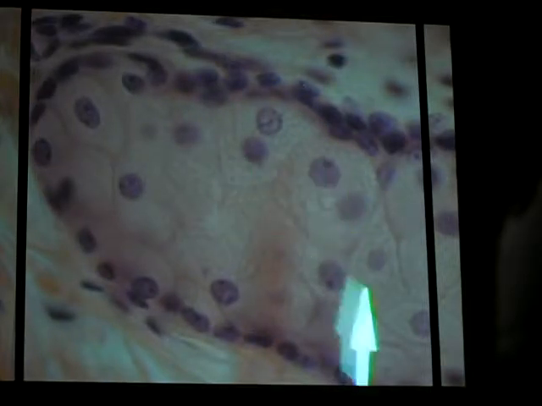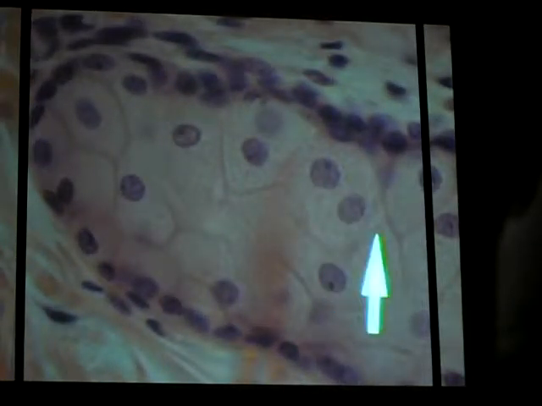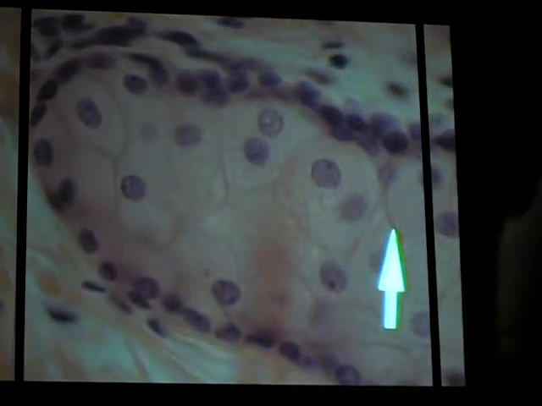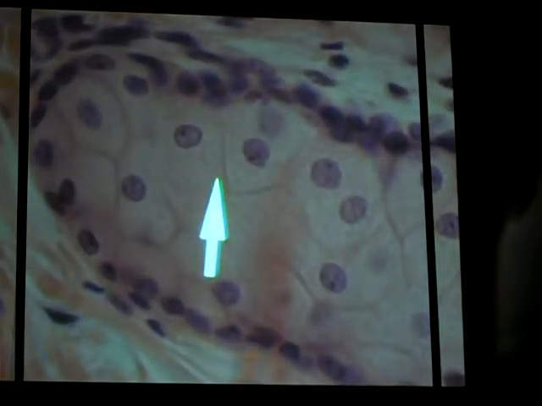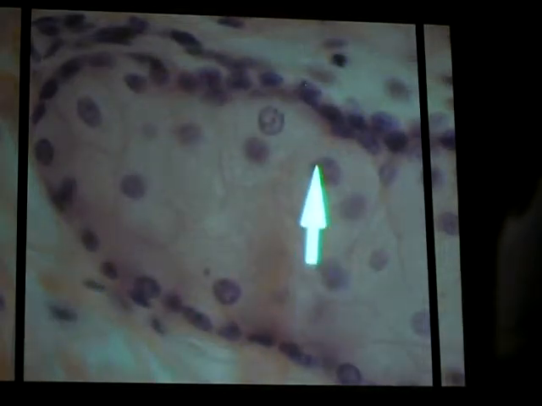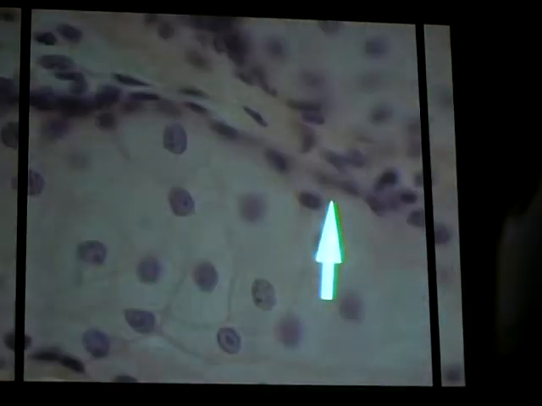Alright, so that's the oil inside the sebaceous glands. So remember, similar to our adipose tissue, they're fat droplets, so they're extracted during processing. So the cells kind of look like they have little droplets inside them. You see these little spaces. So those are your sebaceous glands here.